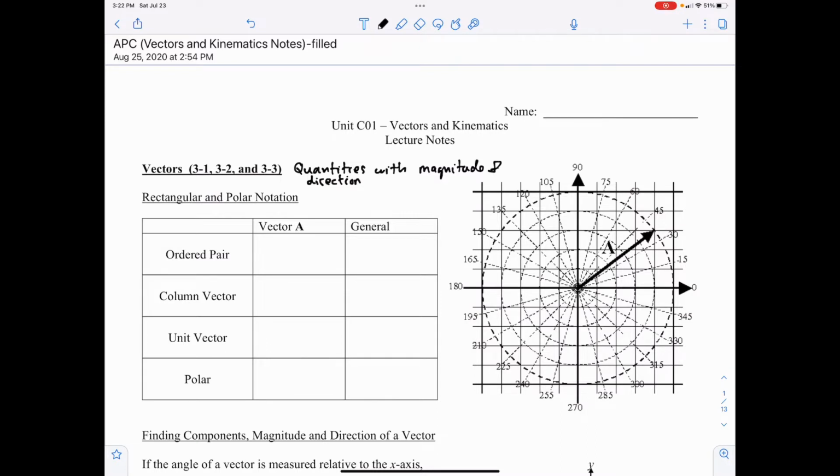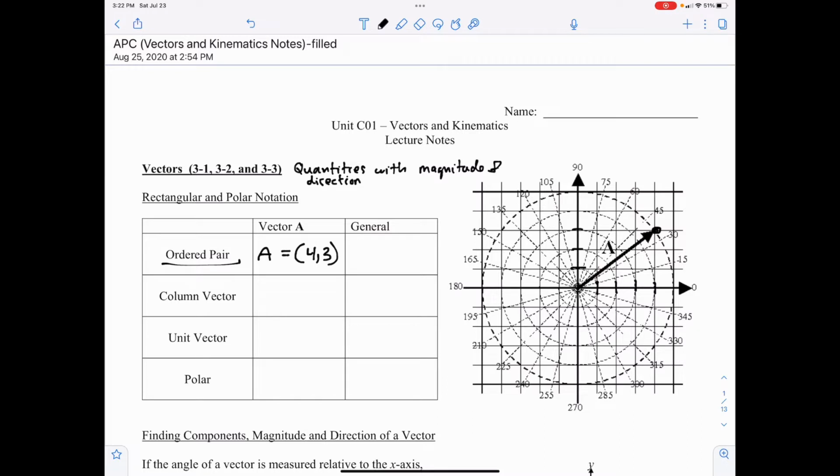The tip of vector A happens to be, if we looked at an ordered pair, 1, 2, 3, 4 units in the x direction, 1, 2, 3 units in the y direction, making A 4, 3.